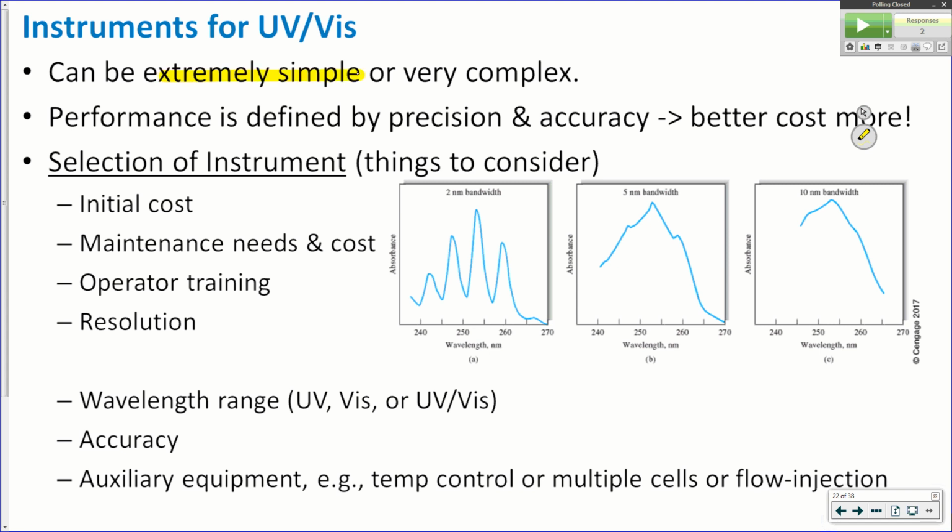In fact, we can have completely handheld, field portable spectrophotometers that can measure a sample in the field, to something that is very, very complex, even more so than the Spec 20, for research grade instruments. You get what you pay for, basically. Performance is going to be defined as the precision the instrument can accomplish, the accuracy, and it all comes down to the big dollar sign.